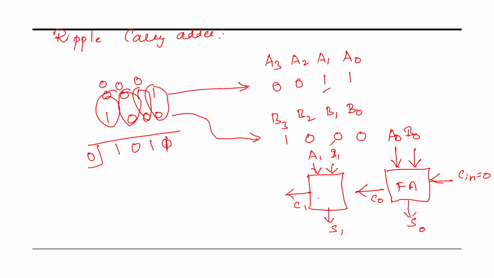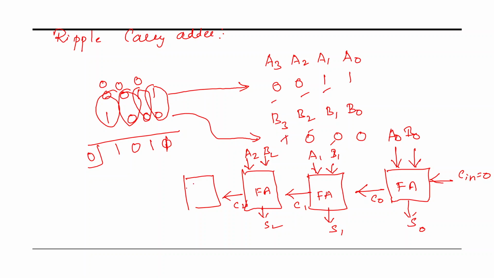Then we add A2 and B2 with a full adder, giving a sum and a carry. And then we add A3 and B3, giving the sum and the output carry.